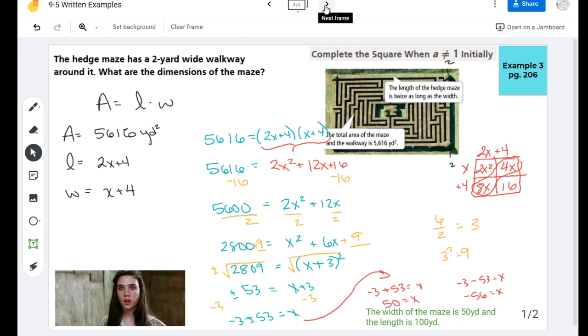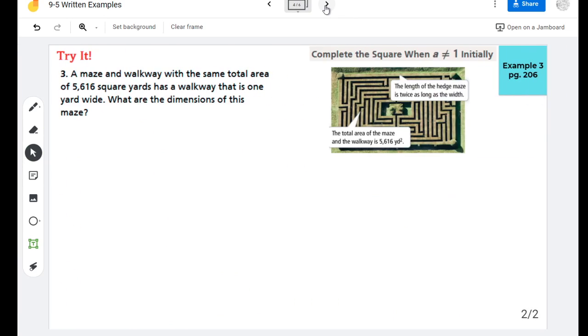Okay, so let's see if we can do that again here with the try it. So it's the same expression, same thing where the length is twice the width. All right, but they're changing our walkway to being 1 yard wide. So we're still using that the area is the length times the width. We're still using that the area is 5616.